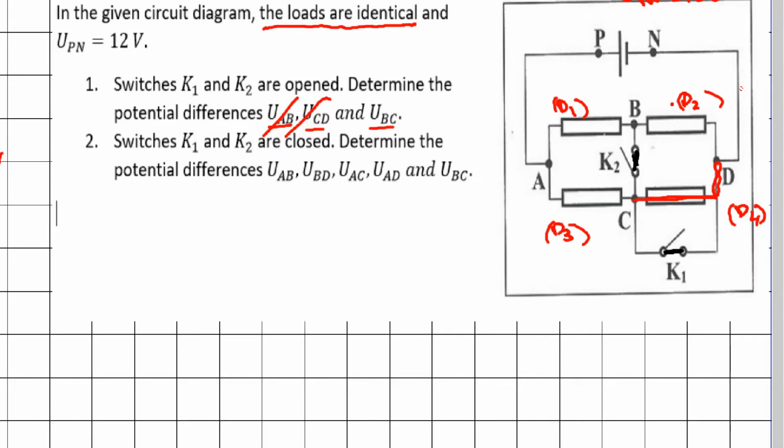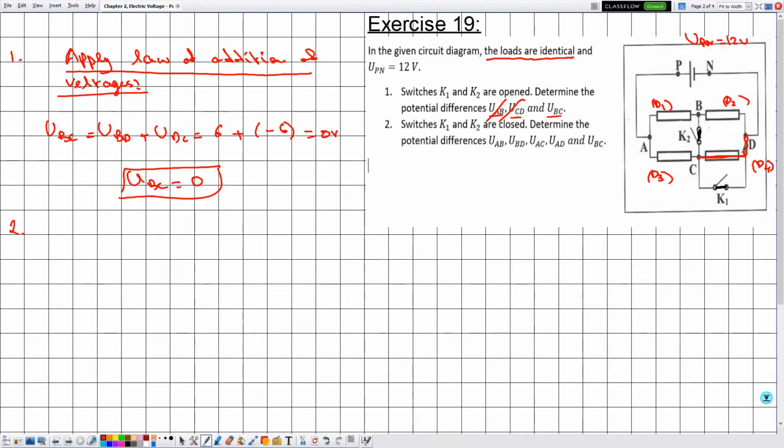And notice that now the electric component D2 is in parallel with the connecting wire. So first let me say that UCD is equal to 0, and the reason is that it's short-circuited.